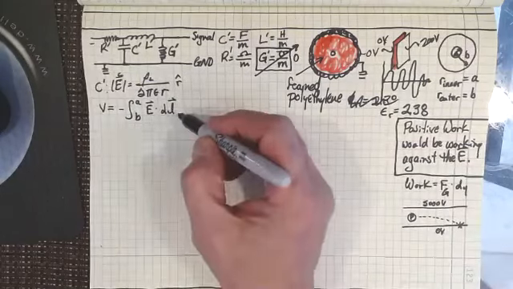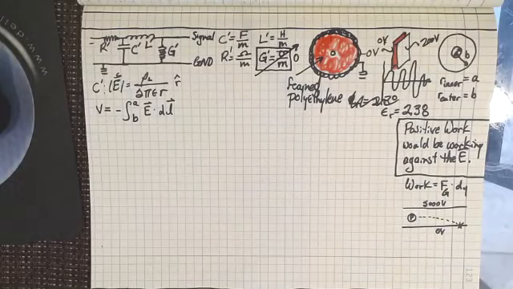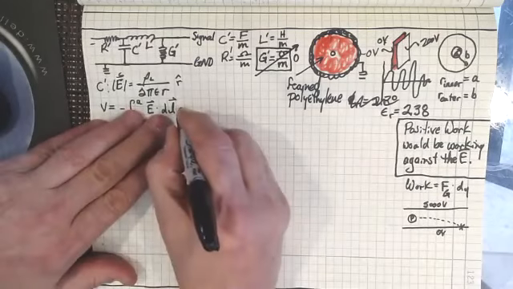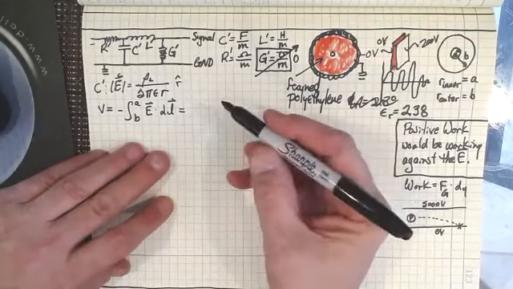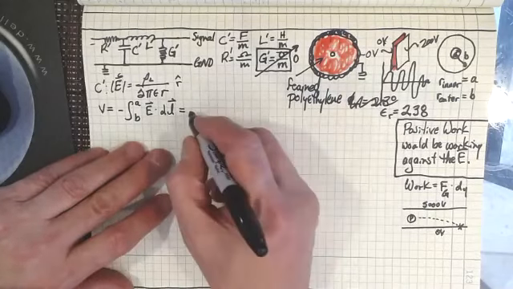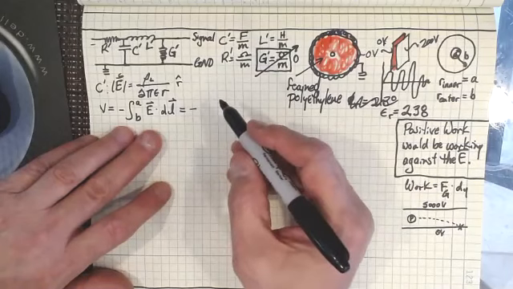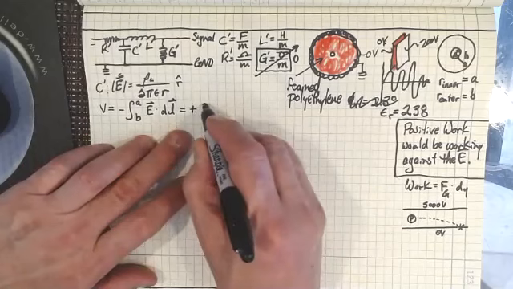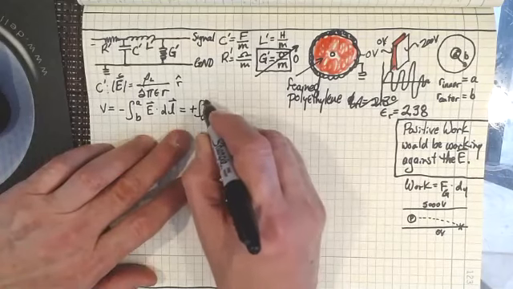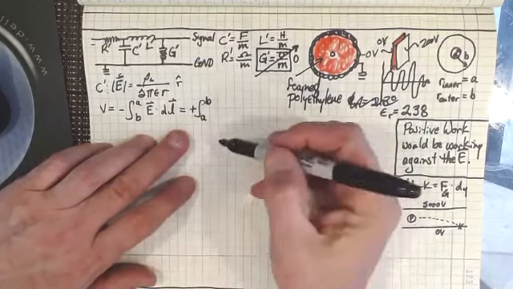Now, let's get back to this. So we've got the voltage. That's all set up. Now let's stick our actual field in there. Why don't I just change it into a plus? I'll switch it around, so now it's A to B. We just put a plus there because that probably makes it easier.